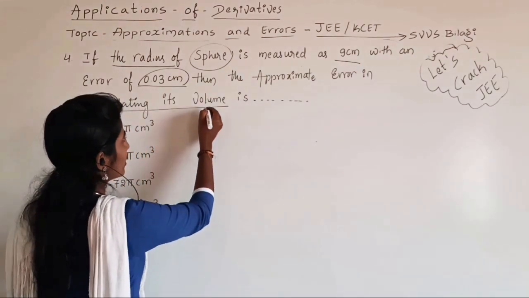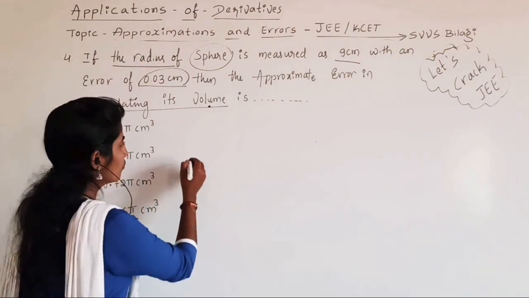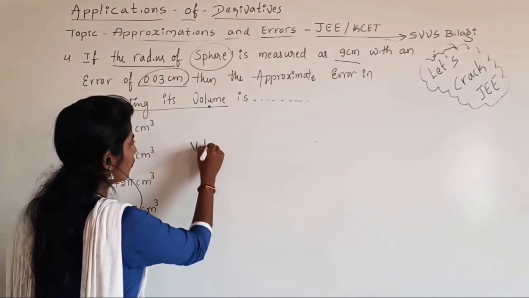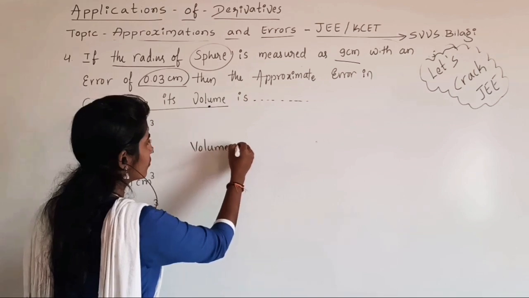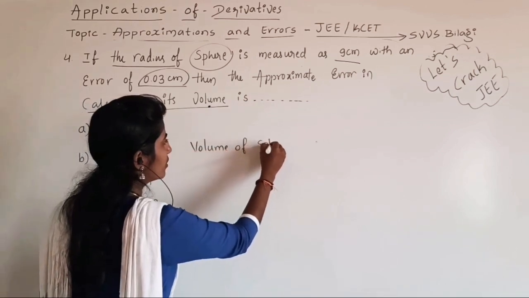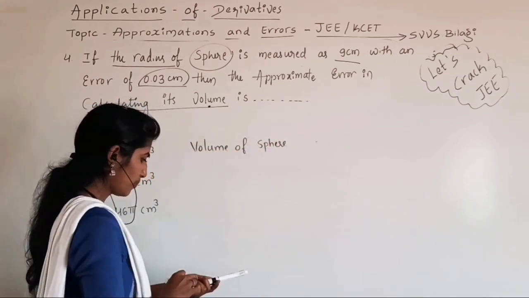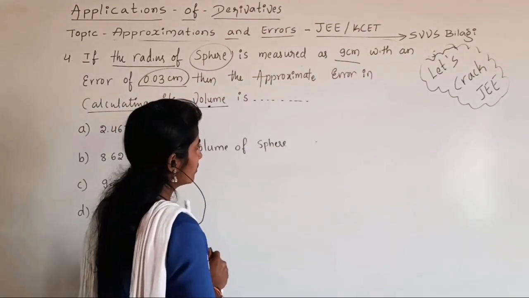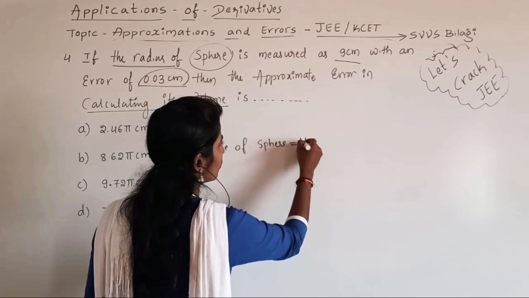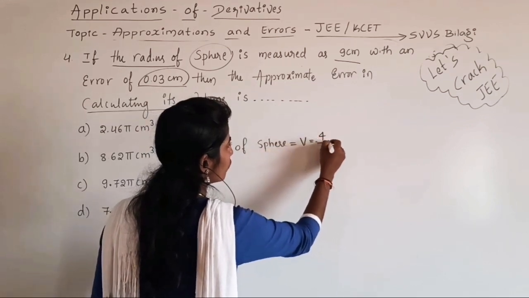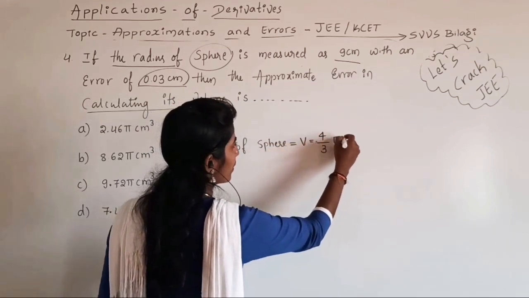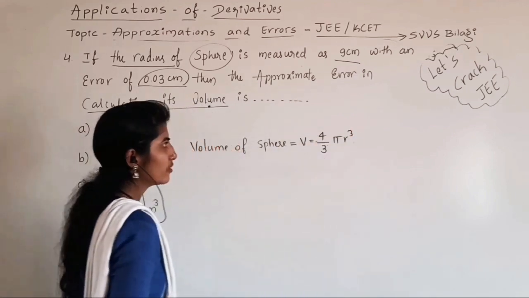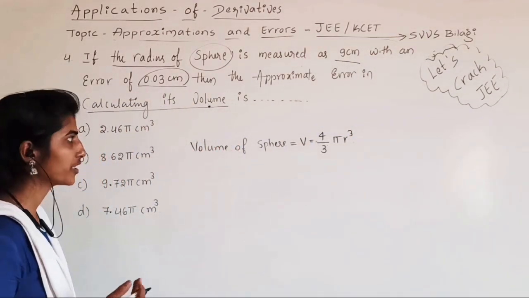So, since they are talking about volume, we know that the volume of a sphere with radius r is v equal to 4 divided by 3 pi r cube, where r is the radius of the sphere.